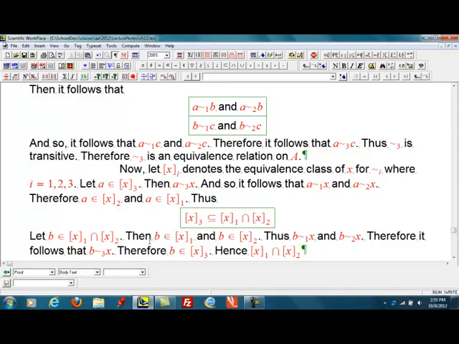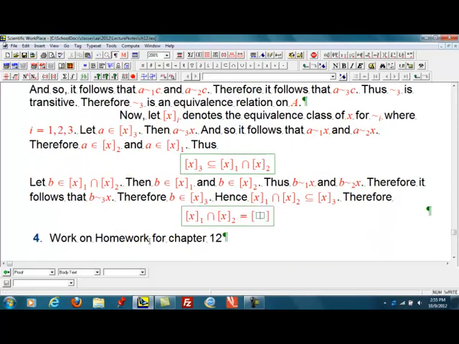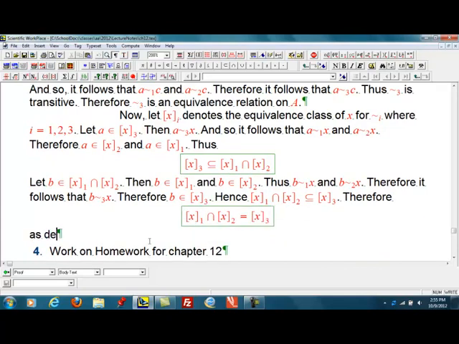Hence, we have shown that this intersection is contained in the third equivalence class. What's your conclusion? And our proof is complete. Does that make sense to you guys?